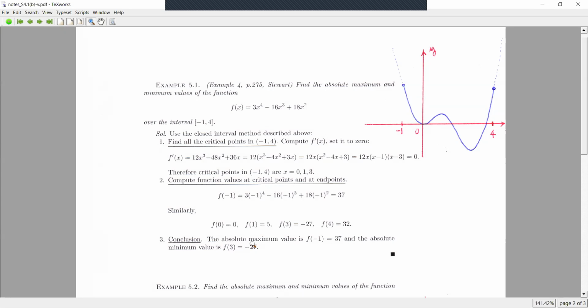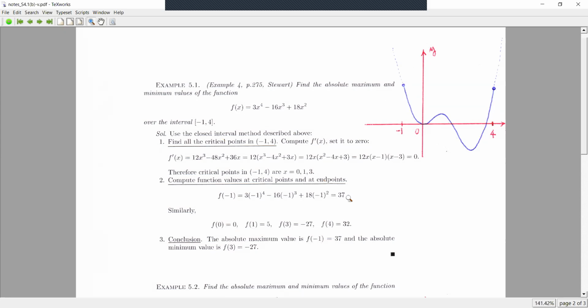The absolute maximum value is 37, attained when x is -1. That means this point here is the highest point of this portion of the graph of this polynomial.